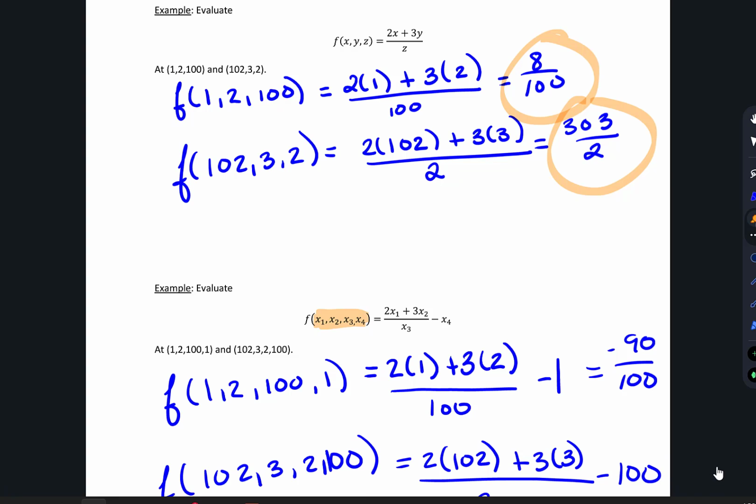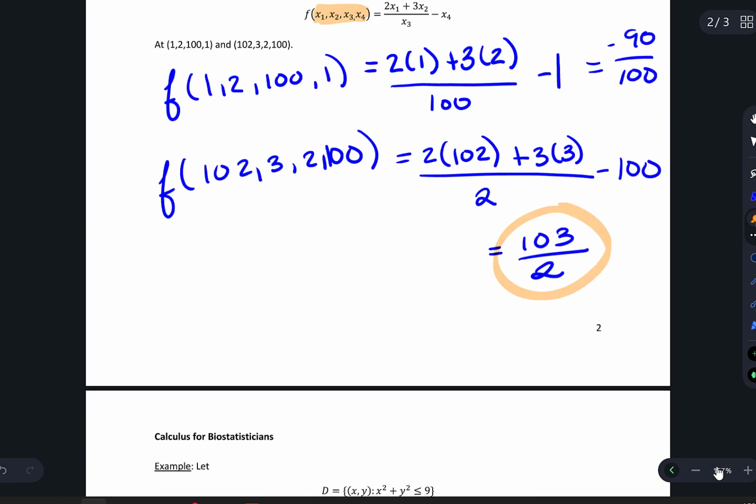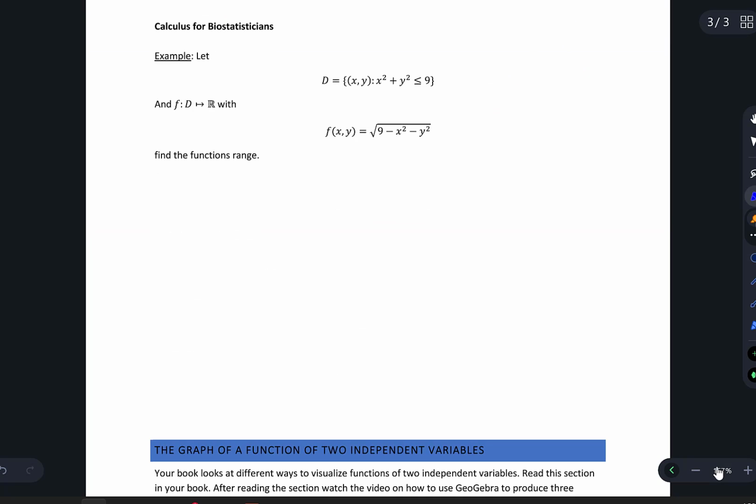Okay, we are going to look at examples here in one of the preceding note sets where our output is actually vector-based, so you have more than one number. But for right now, we're looking at our input is a set of numbers, but our output is still just a single number.